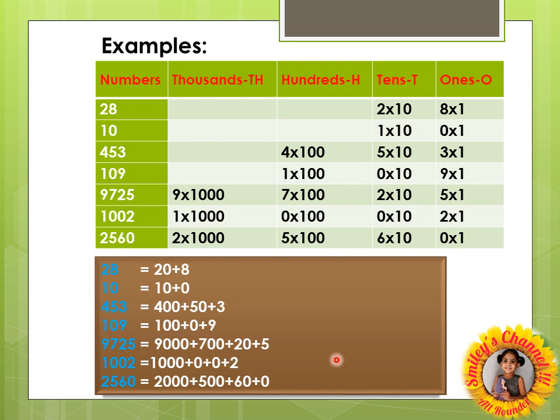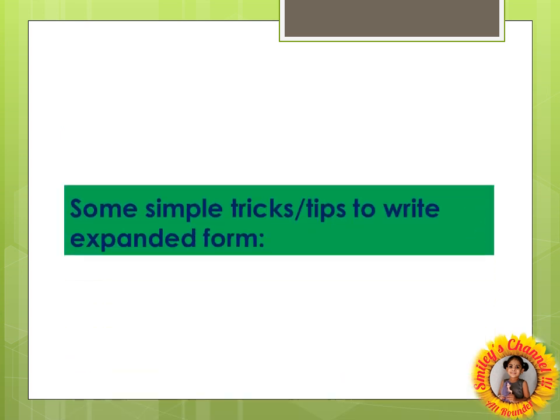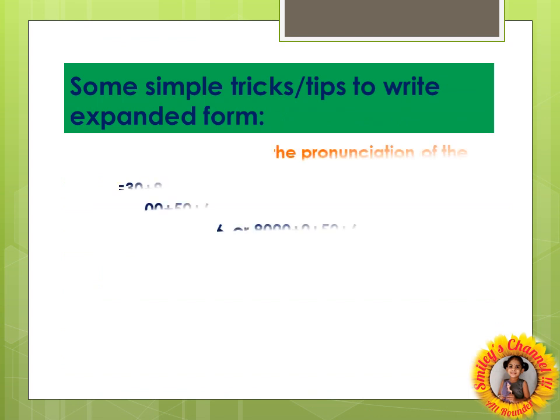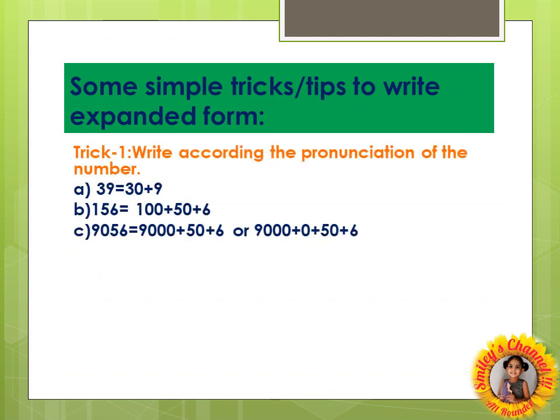So till now we have discussed what is expanded form and how to write expanded form according to their place value. That is the actual way of writing the expanded form. But to make it very simple, I am giving some tricks or tips for you to follow.